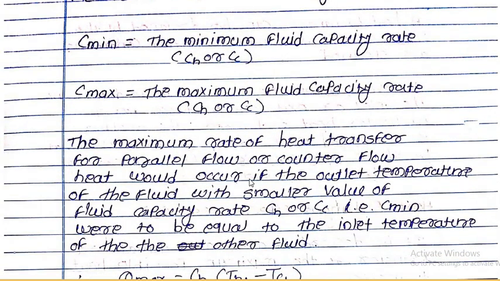Then the maximum rate of heat transfer for a parallel flow or counter flow heat exchanger would occur if the outlet temperature of the fluid with the smaller value of fluid capacity rate, CH or CC, that is C minimum, were to be equal to the inlet temperature of the other fluid.